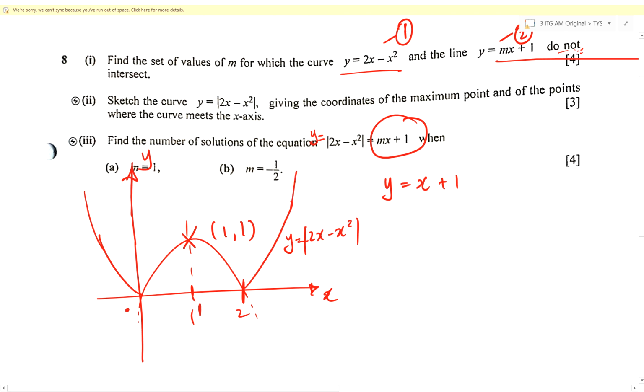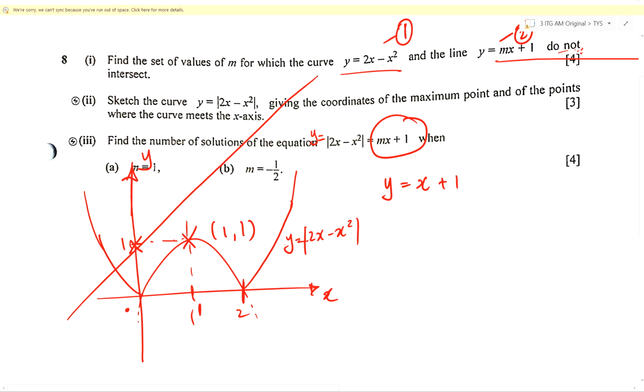It is going to intersect the y-axis at 1. This is the same 1 over here. It is going to slope up, passing through this point. A line sloping up that passes through this point has to look like this, right?